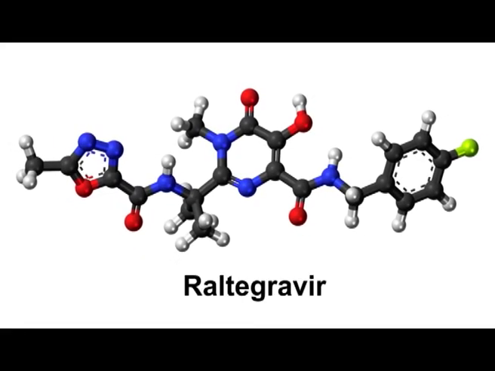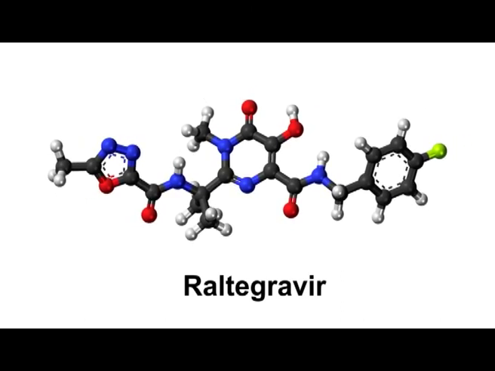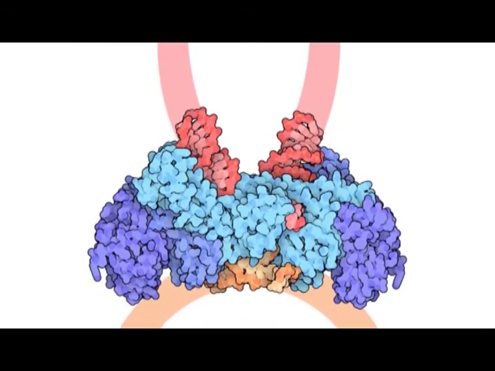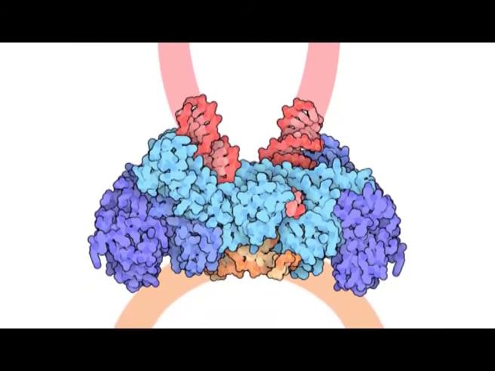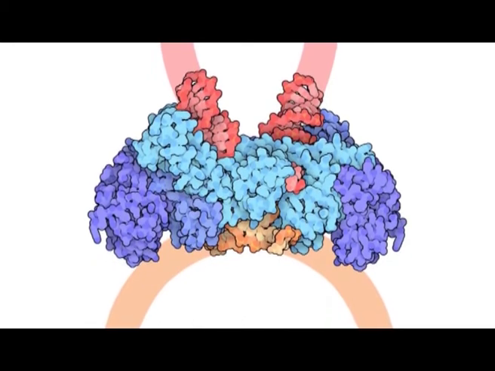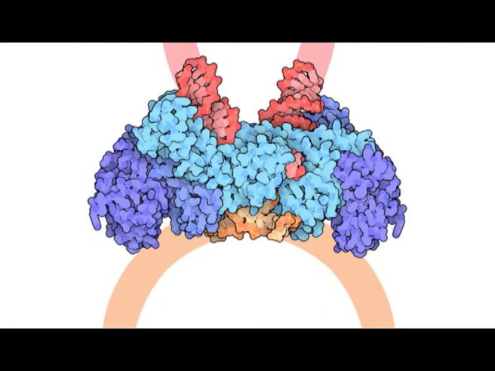Raltegravir. Raltegravir is an antiretroviral drug used to treat HIV infection. It received approval by US FDA on 12 October 2007 as a new class of HIV drug. Raltegravir targets integrase, an HIV enzyme that integrates the viral genetic material into human chromosomes, a critical step in the pathogenesis of HIV.